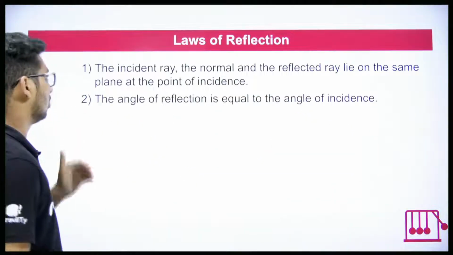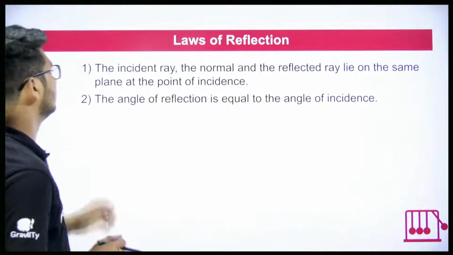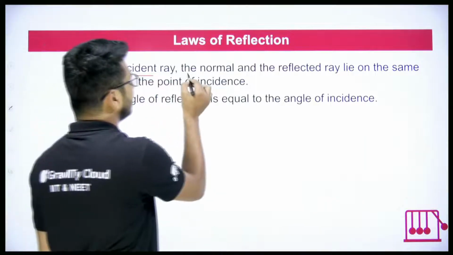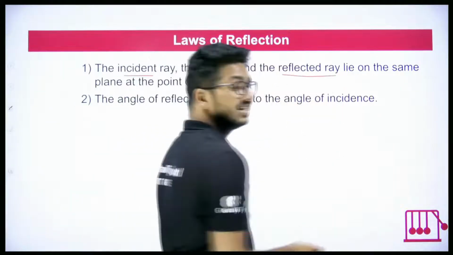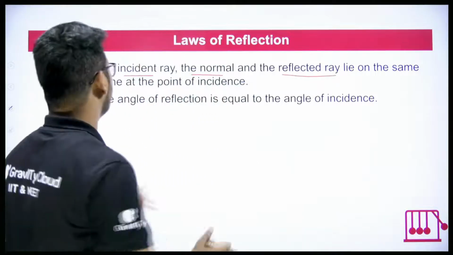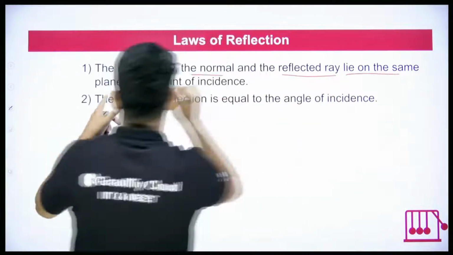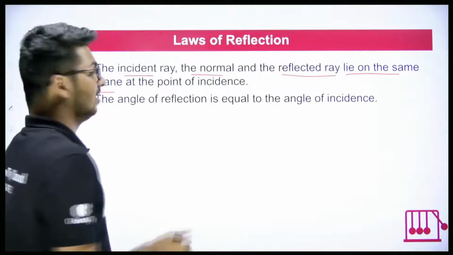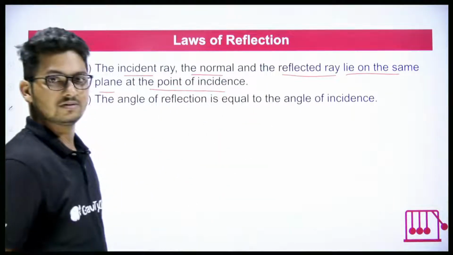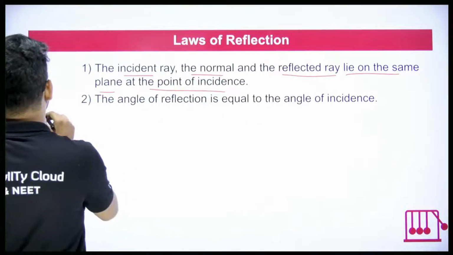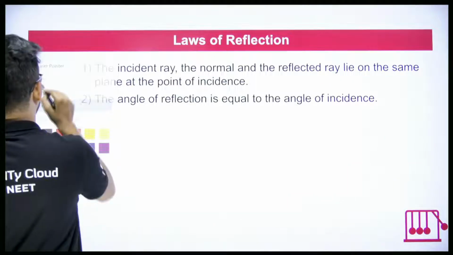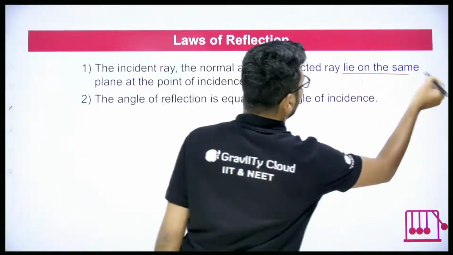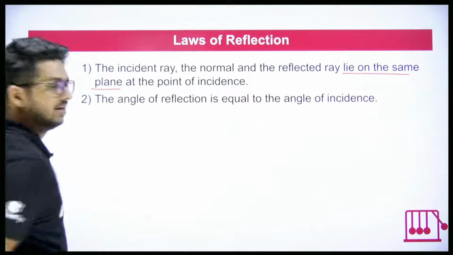So the two laws are here. What is the first law? The first law says that the incident ray, the normal and the reflected ray, all three of them lie on the same plane at the point of incidence. So the main point for this law is that they lie on the same plane.